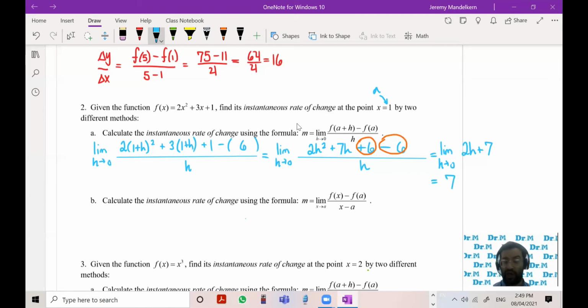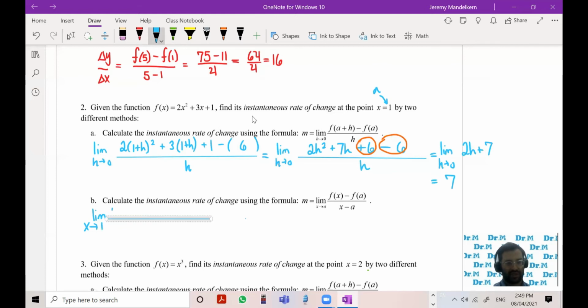Let's go ahead and try the alternative formulation of the instantaneous rate of change. So here we have the limit as x goes to the a value 1 of, in the numerator, we'll simply write the function f of x.